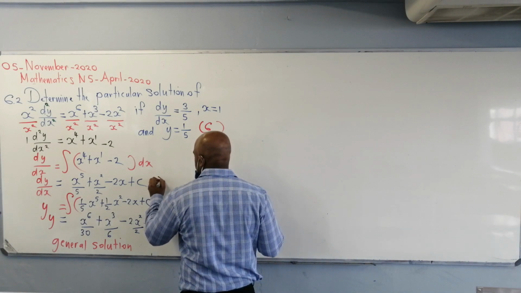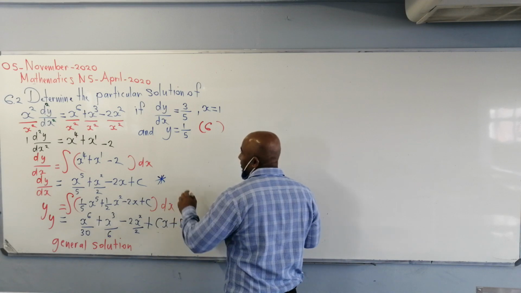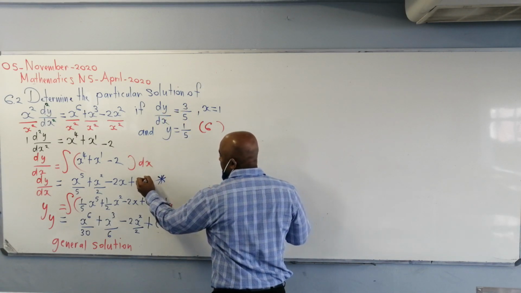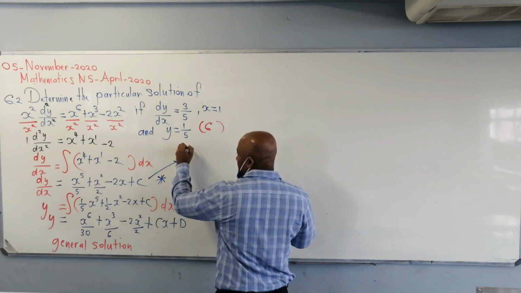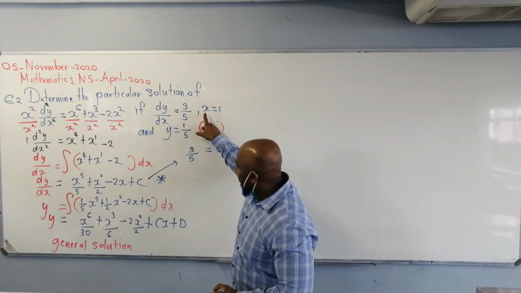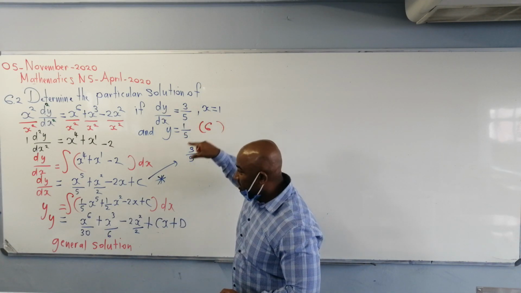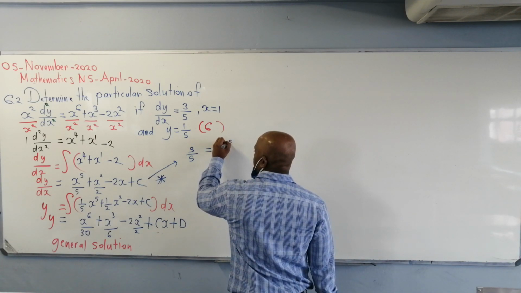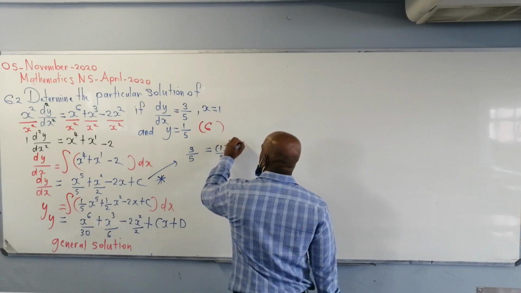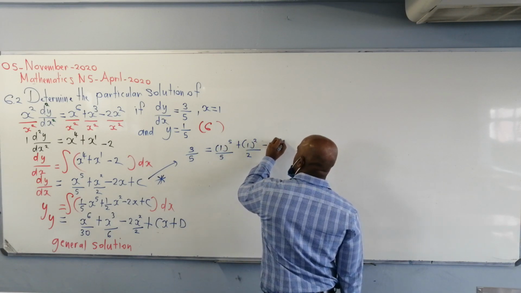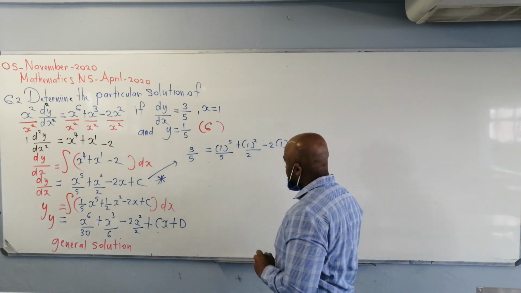So here we know that dy over dx is equal to 3 over 5 when x is equal to 1. So let's substitute it. I'm going to replace x with 1 there. So that's going to be 1 to the power 5 over 5 plus 1 squared over 2 minus 2 times 1 plus c.